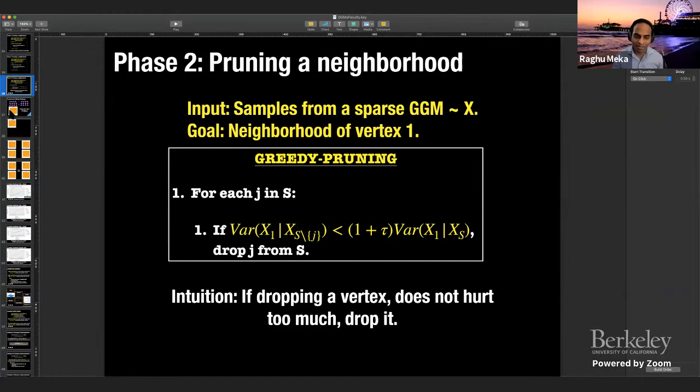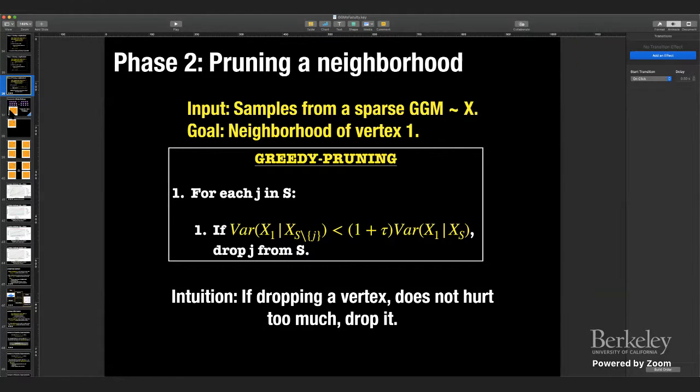When I drop it, the conditional variance could increase, and if it increased too much, then you don't drop it. But if it didn't increase too much, meaning it didn't change when you drop the vertex, you drop that vertex and go on.